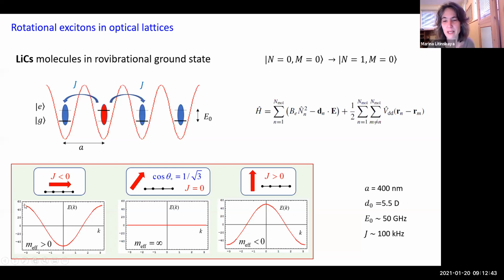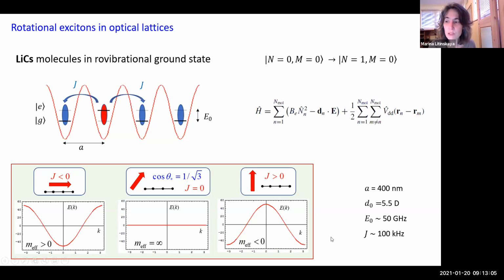So we can change, for example, here you see that the effective mass of the Frenkel exciton is positive. Here it is negative. We can suppress the excitation transfer just by changing the direction of this external electric field. So we are not going to use this. It's just to start with.